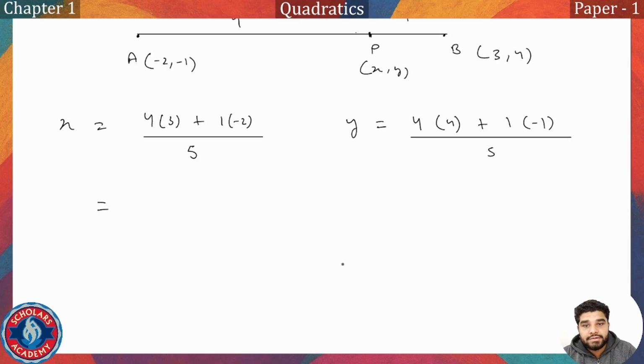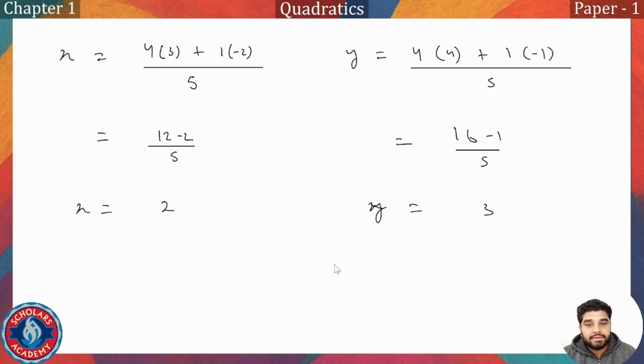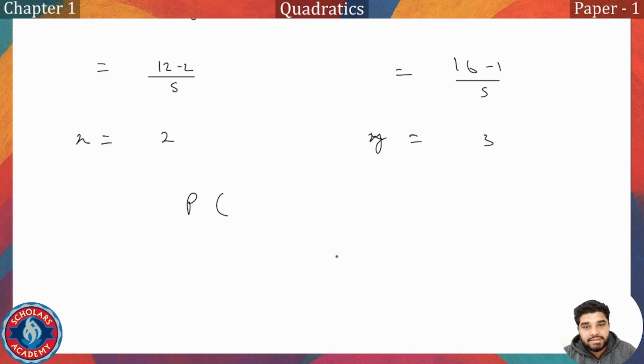This gives us (12 minus 2) by 5 and (16 minus 1) by 5. So we get x as 2 and y as 3. So these are the values for x and y, and the point P is (2, 3).